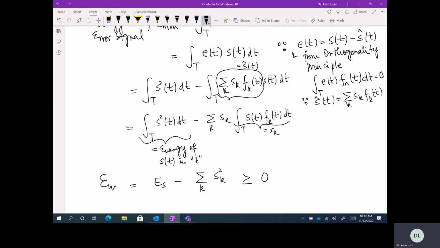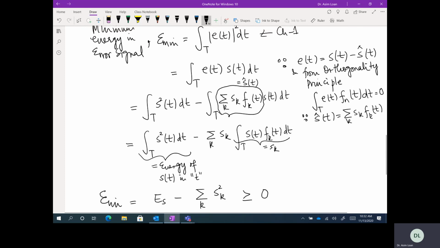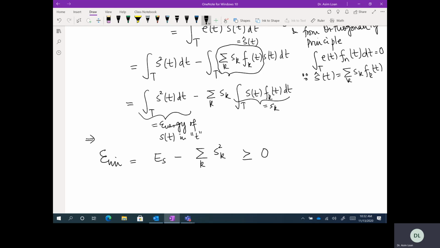So the minimum error is this one. Okay, and if E min equals 0, because there is an equal to sign here, this means E s equals the sum of s k square.